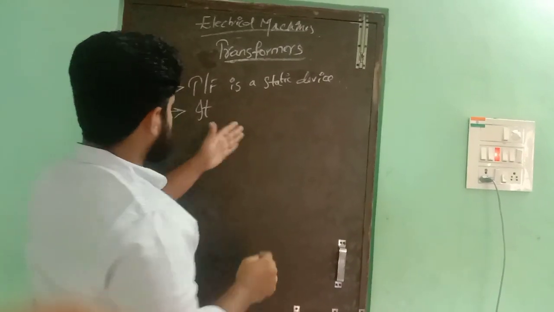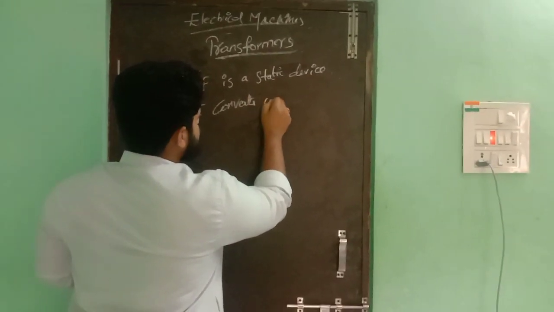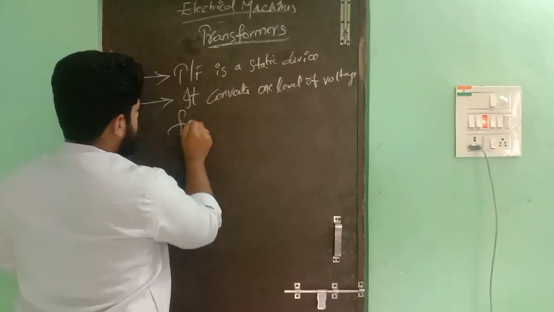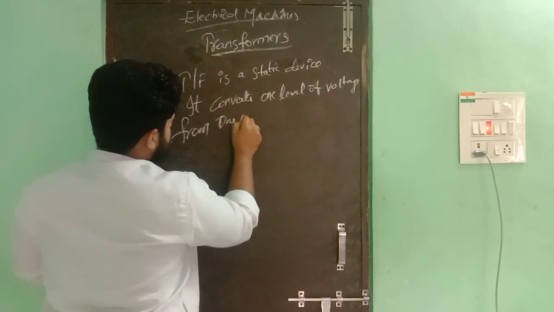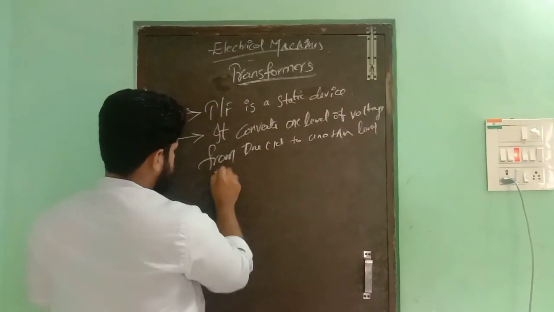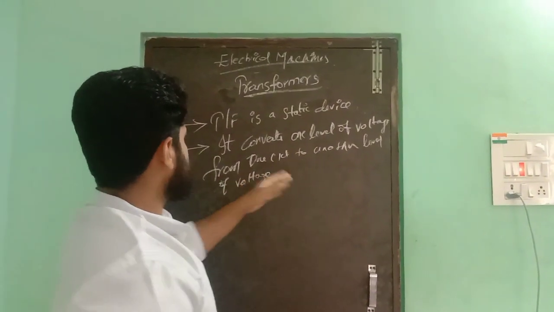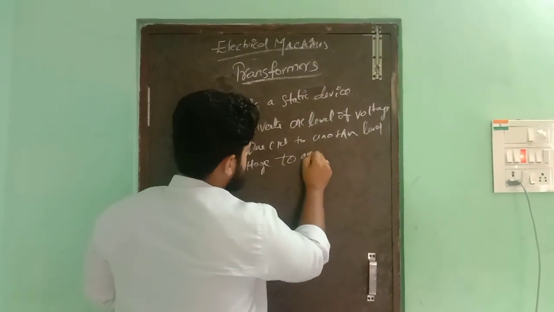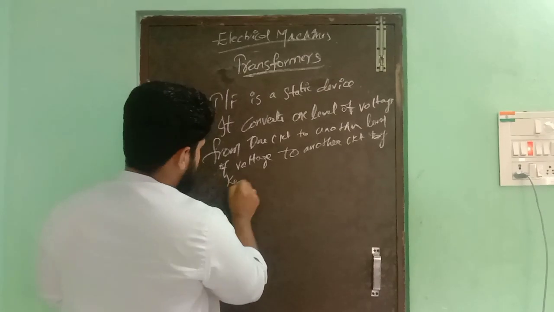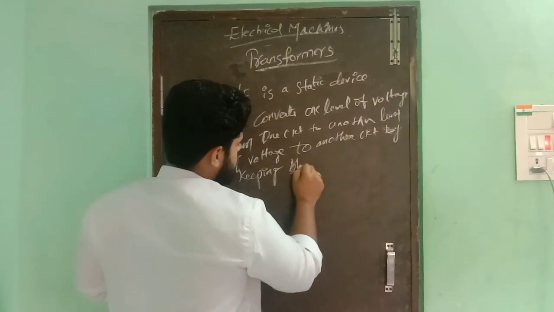Another feature of a transformer, the actual definition and function of a transformer, is that it converts one level of voltage from one circuit to another level of voltage in another circuit, by keeping, as we have previously discussed, the frequency constant.